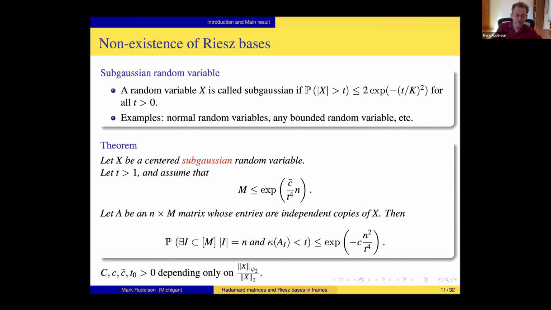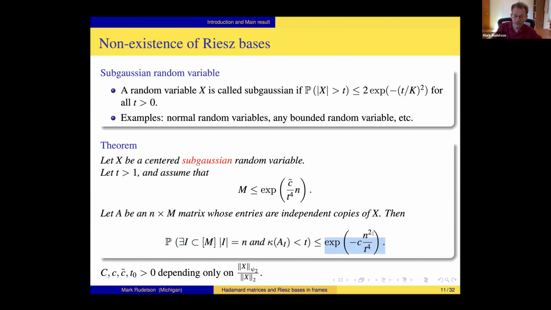Then the probability that there exists a square submatrix with condition number less than this parameter t is very small. And again, very small is even more than exponential in n.